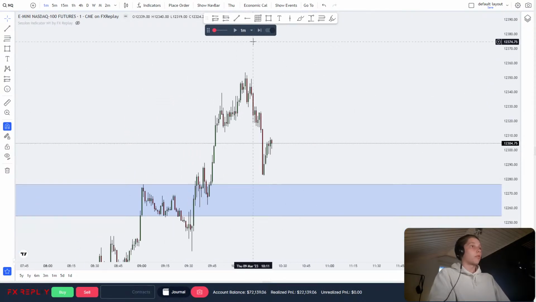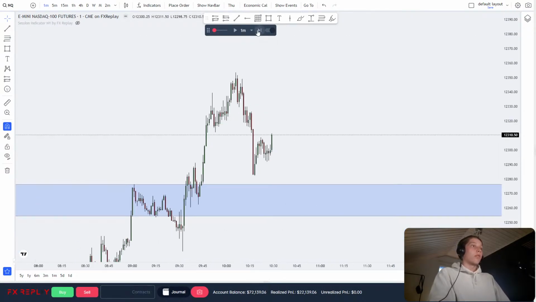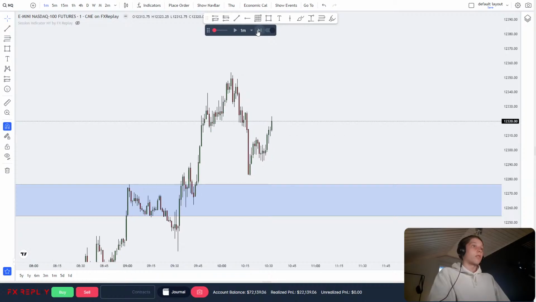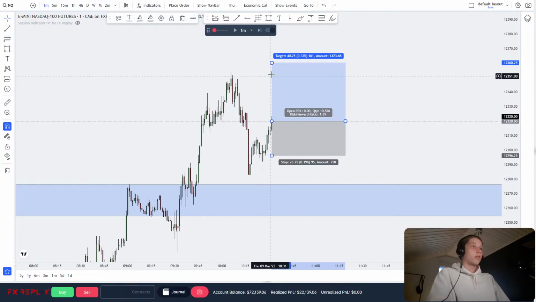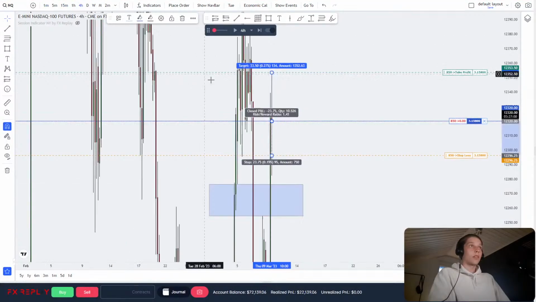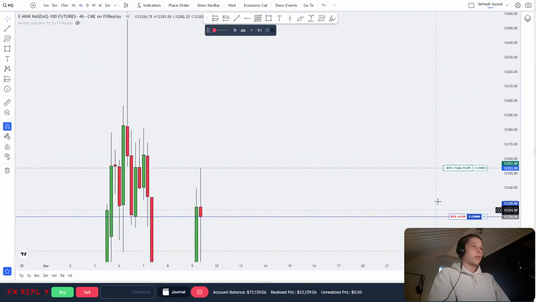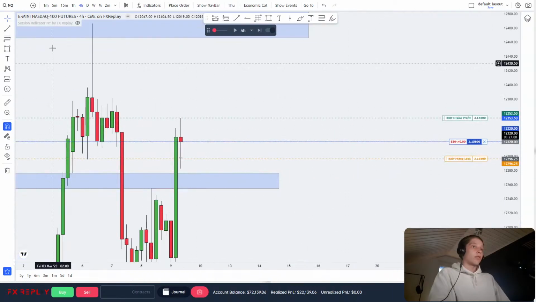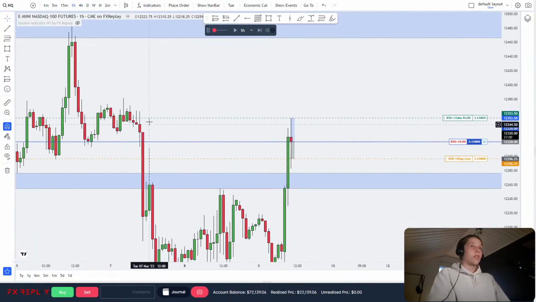Maybe we should just long this, because that's the high time frame bias here. So we could long to that high. Let's see where we are in the price. Okay, so the long as an idea is kind of nice.